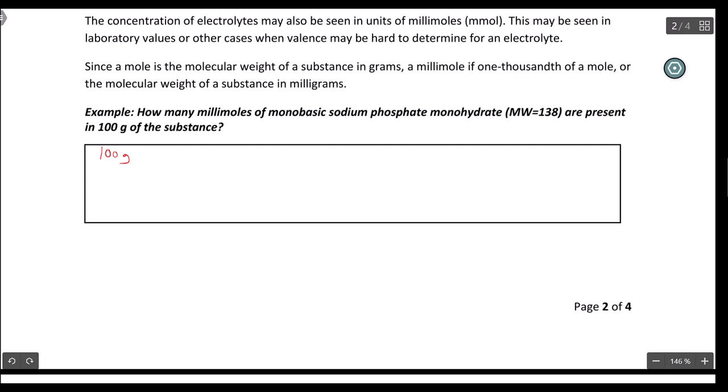So 100 grams is equal to 100,000 milligrams. So we have milligrams. We divide milligrams by the molecular weight, which is 138.